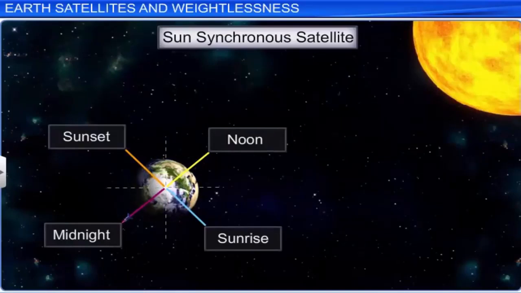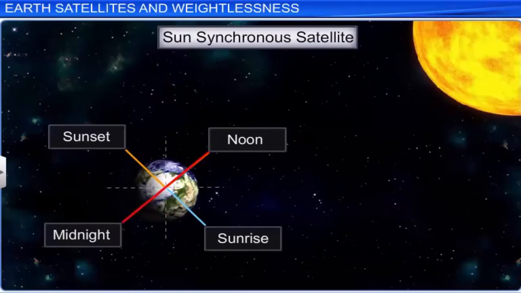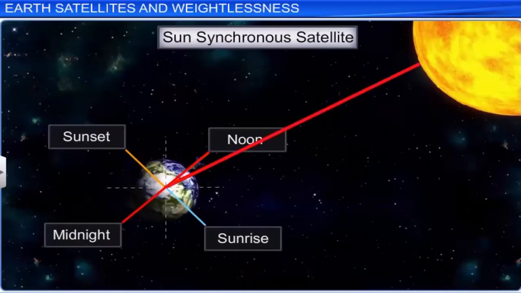The orbit of a sun-synchronous satellite is designed in such a way that the angle between the plane of the orbit and the line joining the Earth and the Sun is fixed. This maintains consistency in the lighting conditions of a given place.